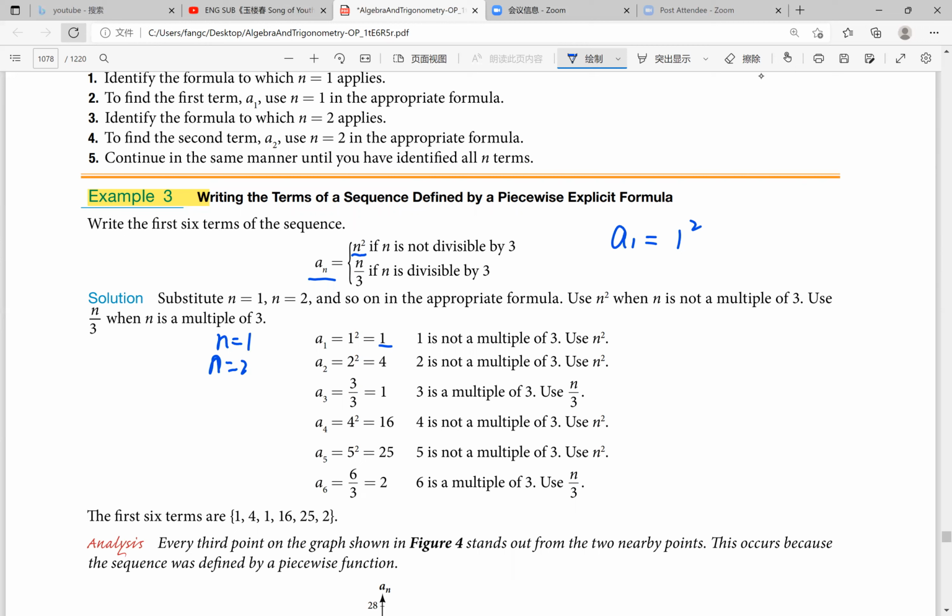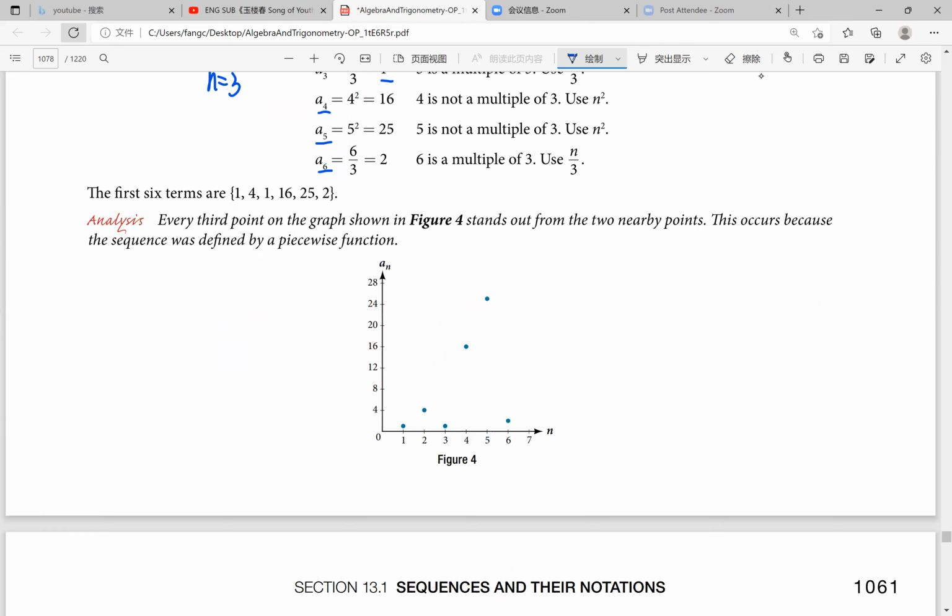So a2 equals 2 squared equals 4. But when n equals 3, it is divisible, so we use the second one. 3 divided by 3 is 1. So it's pretty easy. Then by using a similar process, we get a4, a5, and a6. Okay, next one.